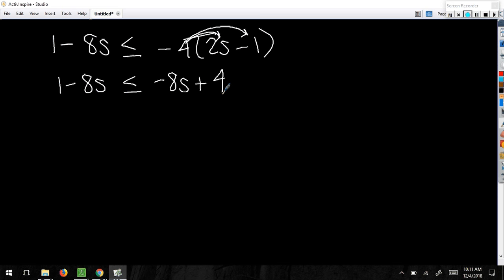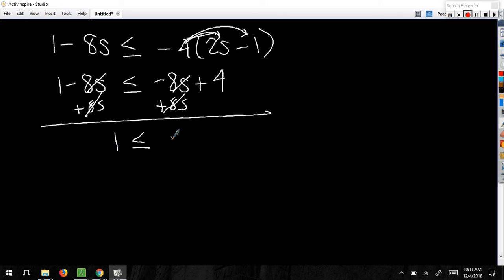What should I do? Plus, because it's negative. Now watch what happens. Those are gone, but those are gone also, right? Because they're opposites. I have 1 is less than or equal to 4.